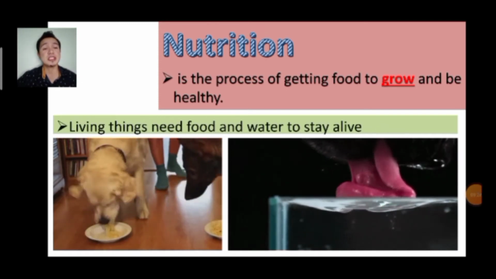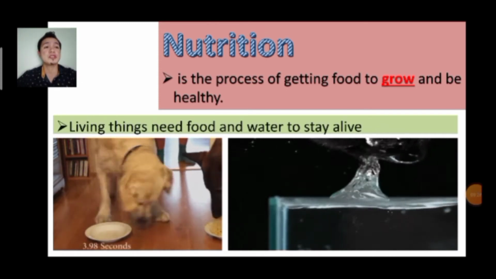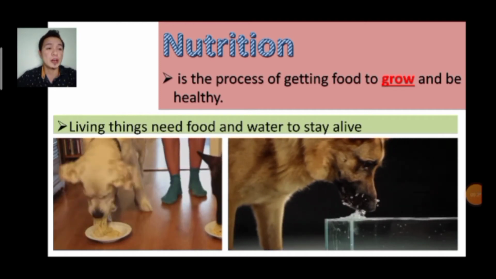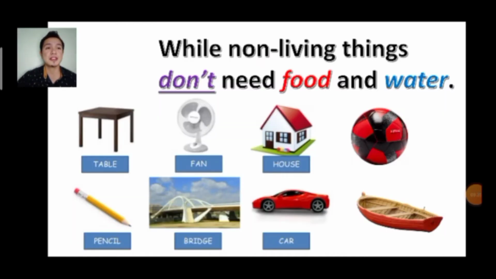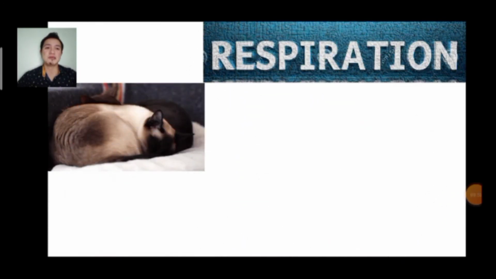Living things need food and water to stay alive, while non-living things don't need food and water. So I put some examples there for you to understand. Okay, the table doesn't eat. The fan doesn't eat too because they are non-living things.